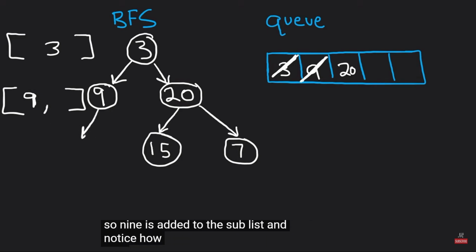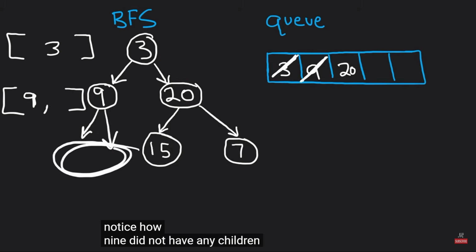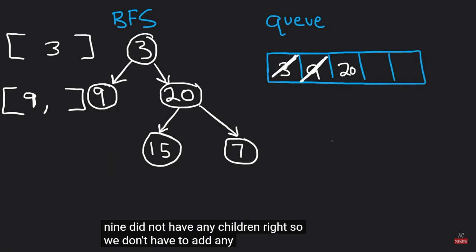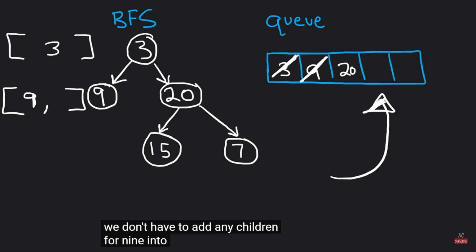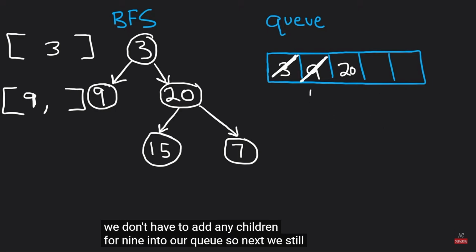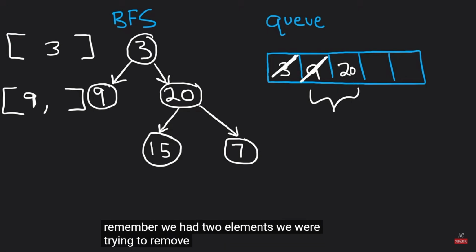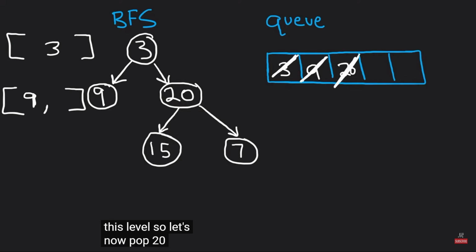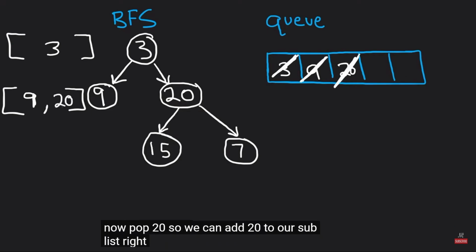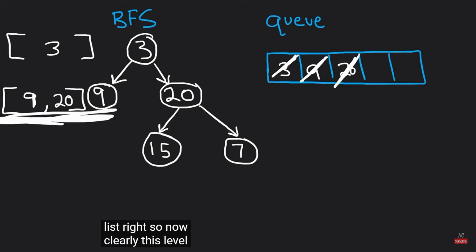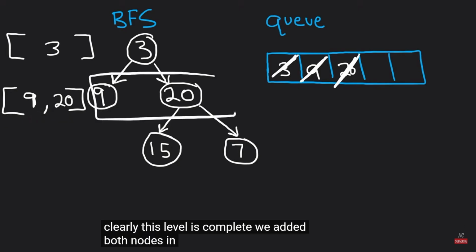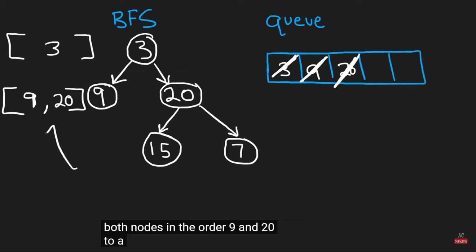And notice how 9 did not have any children, right? So we don't have to add any children for 9 into our queue. So next, we still remember we had 2 elements we were trying to remove. We have 2 elements in this level, so let's now pop 20, so we can add 20 to our sublist, right? So now, clearly, this level is complete. We added both nodes in the order 9 and 20 to a sublist.